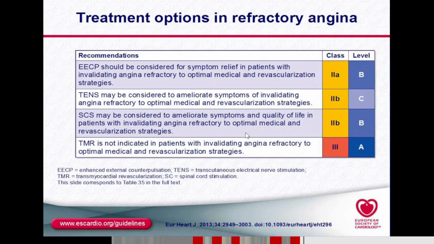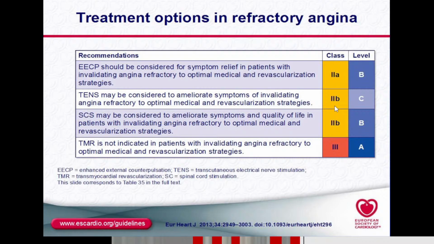What are the treatment options in refractory angina? Enhanced external counterpulsation should be considered for symptom relief in patients with invalidating angina refractory to optimal medical and revascularization strategies, with the class of recommendation 2A.